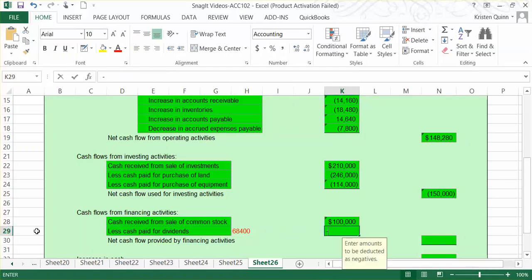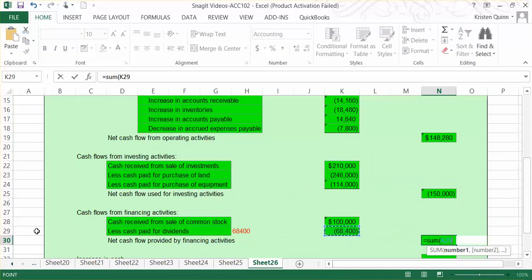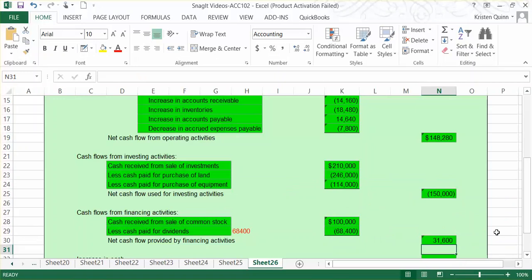Meaning in total, we paid out $68,400 in dividends to our shareholders in 2014. We add these 2 components together to get a positive number of $31,600.